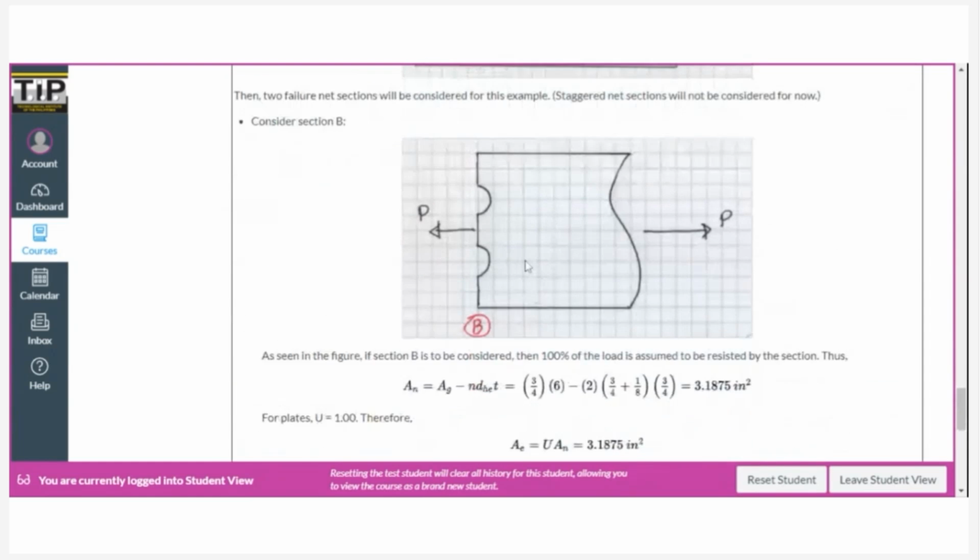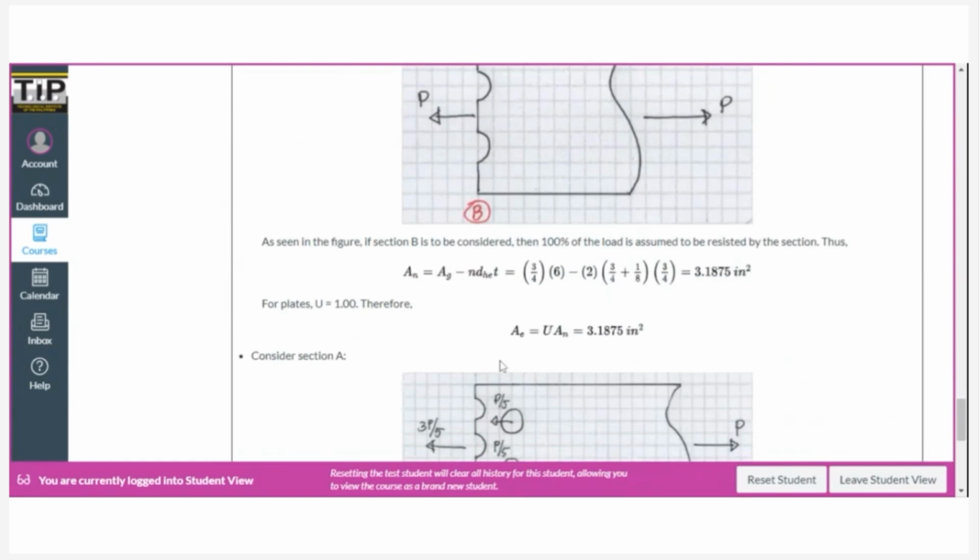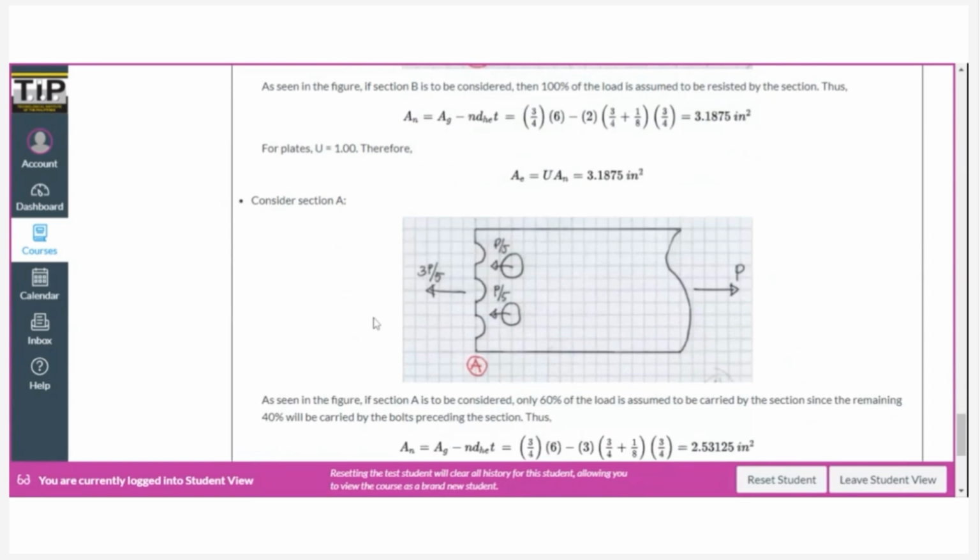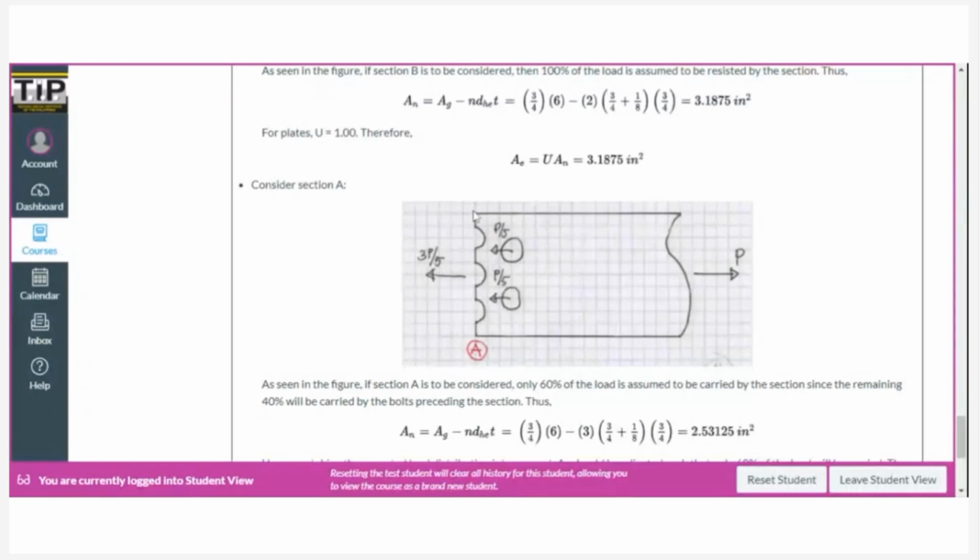Okay. So now we consider section A. We cut a section through A and then we draw the free body diagram. In this particular case, this is the tension load P. The other two bolts are already resisting their portion, 2P over 5.